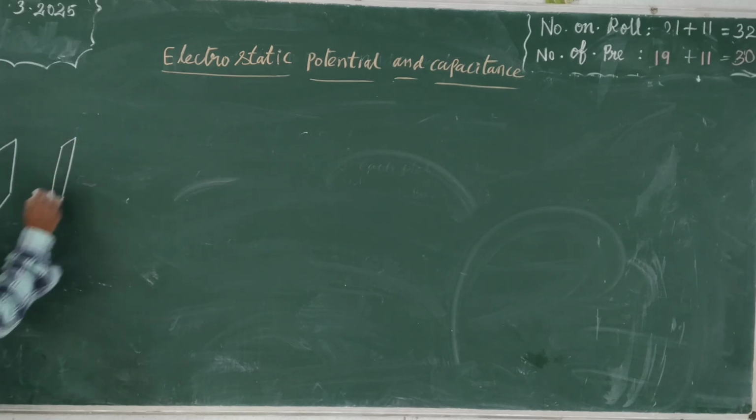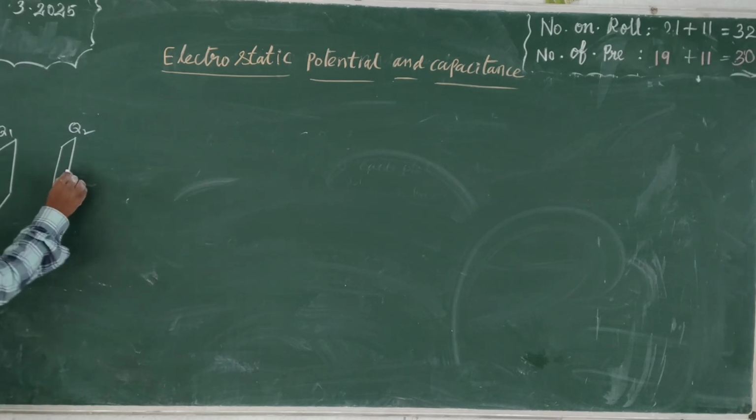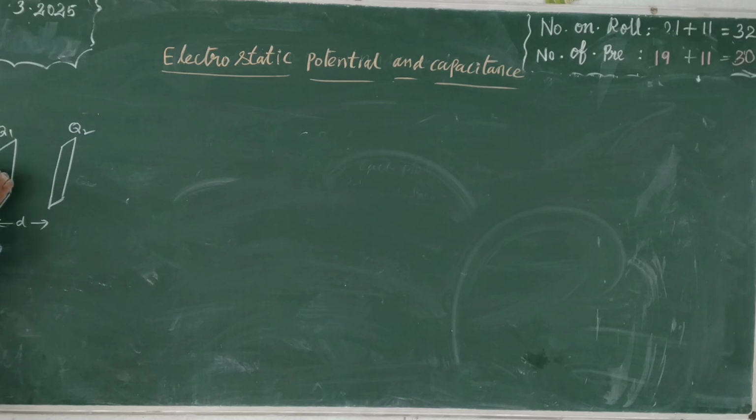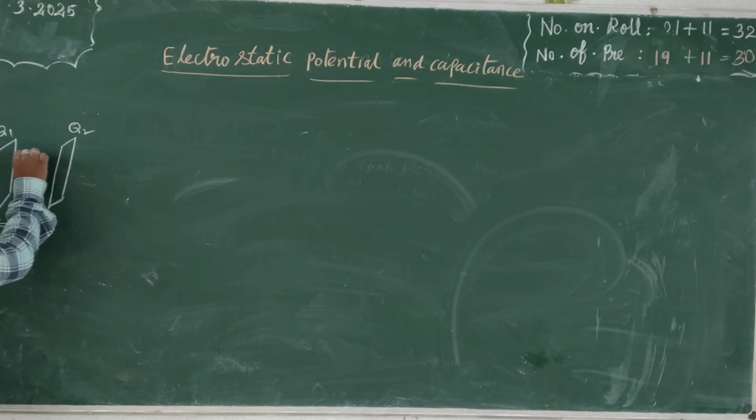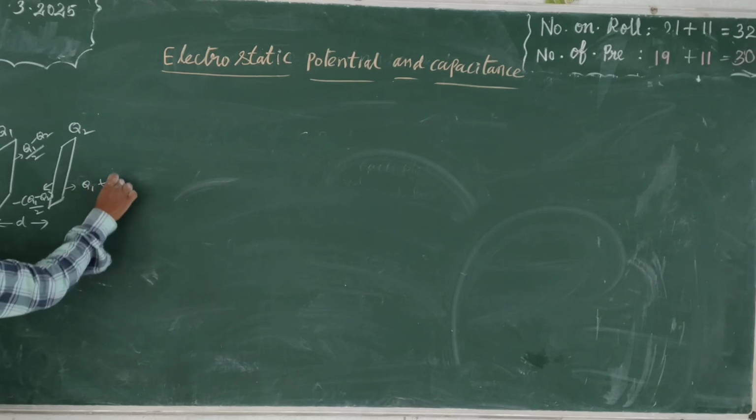It has charge q1, it has charge q2, each with area A. In this case, the charge on this face is q1 plus q2 by 2. This is the charge distribution: here q1 minus q2 by 2, here minus of q1 minus q2 by 2, here q1 plus q2 by 2.